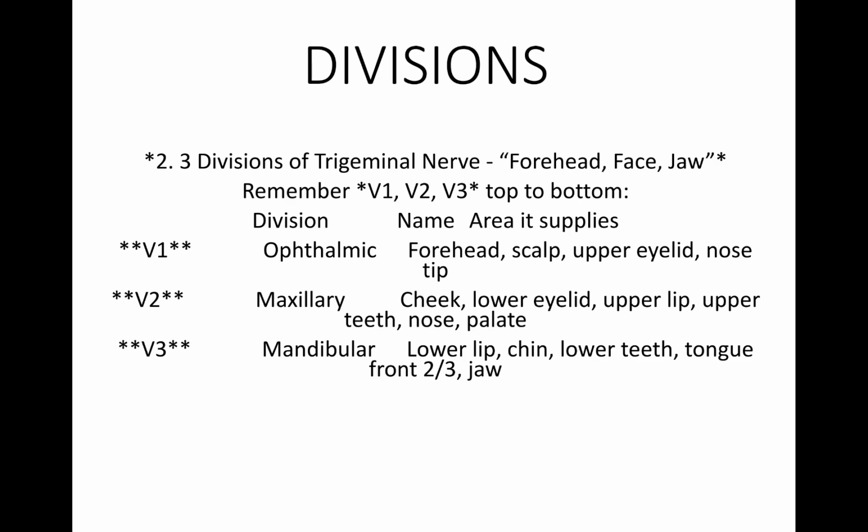Division V1 is the ophthalmic. You can see this is the name, this is the division, and this is the area it supplies. V1, the ophthalmic, supplies the forehead, scalp, upper lid, and the nose tip.